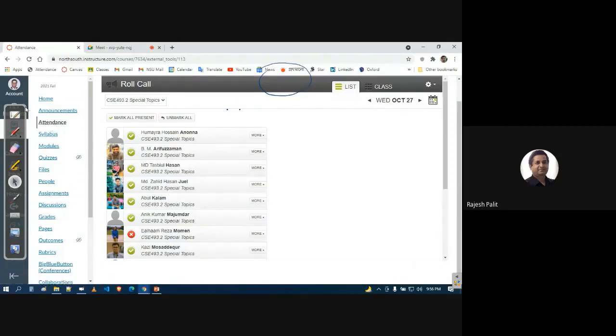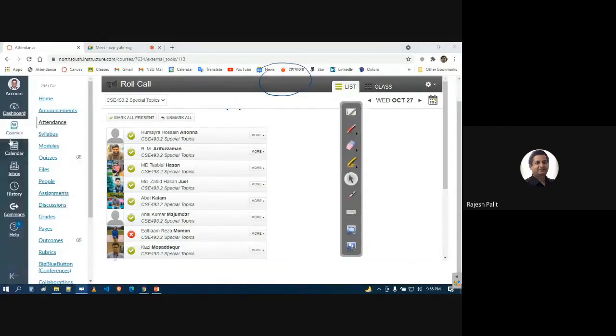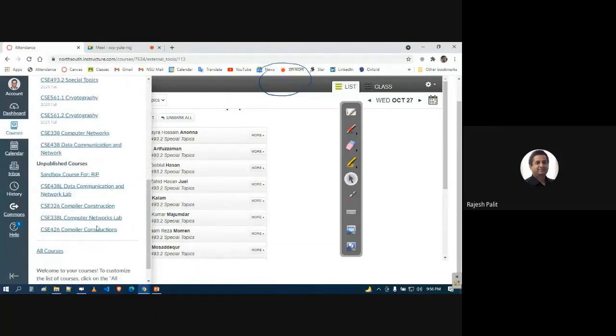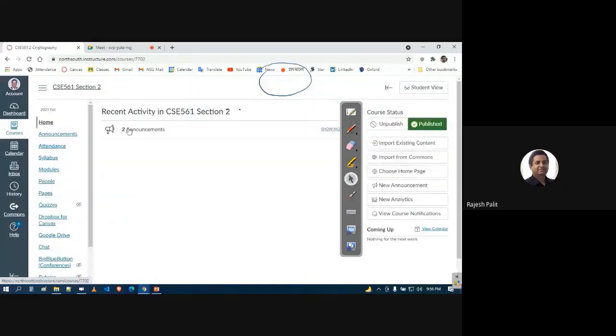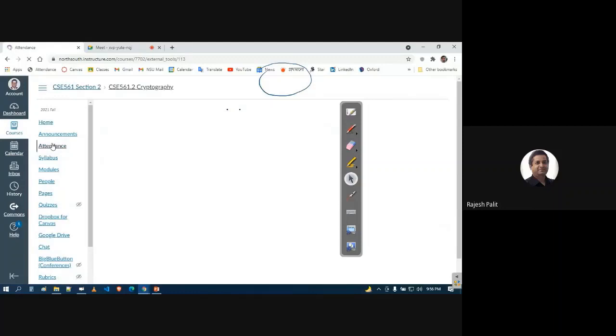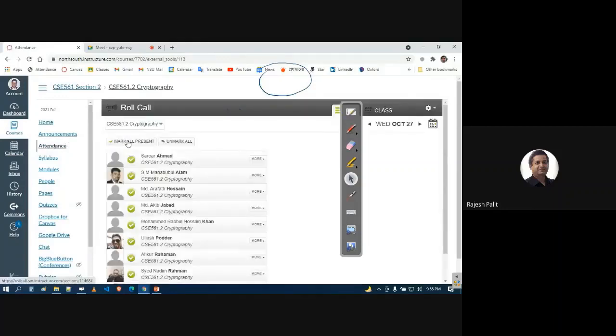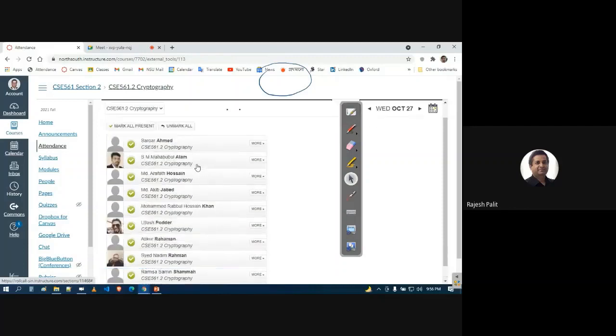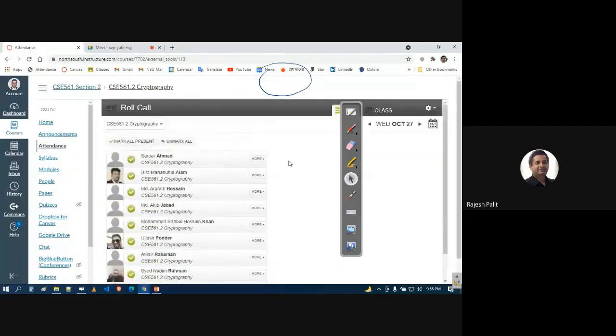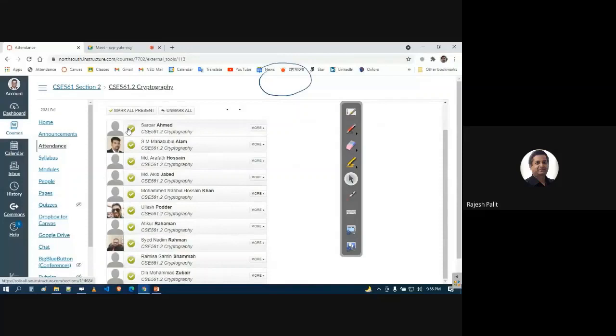So let us take the attendance. Sarwar Ahmed. Sarwar, absent. Then Mahabubul Alam, absent.